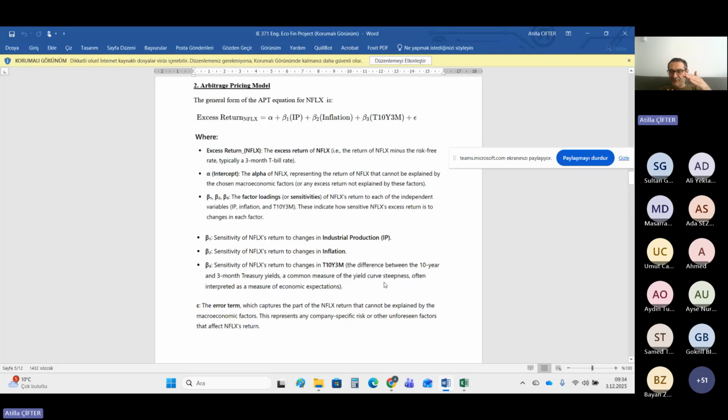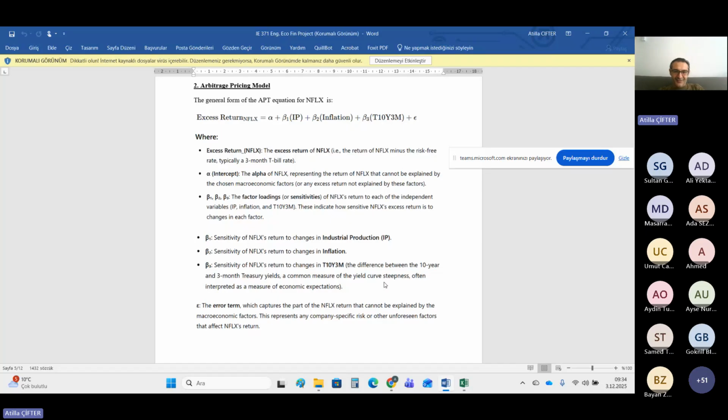Like if we have a very large difference, it means that in the future, you expect that a recession period will come because you give higher prices for the future, which means that the interest rate for the future is higher. Then we have a problem for the future.